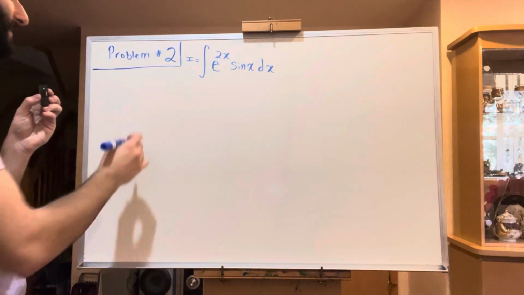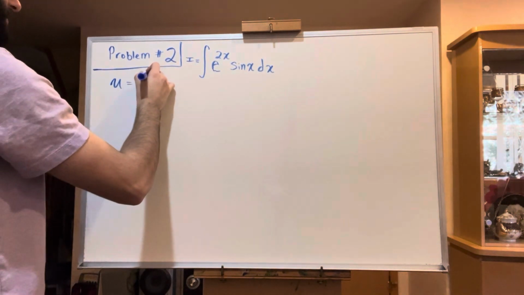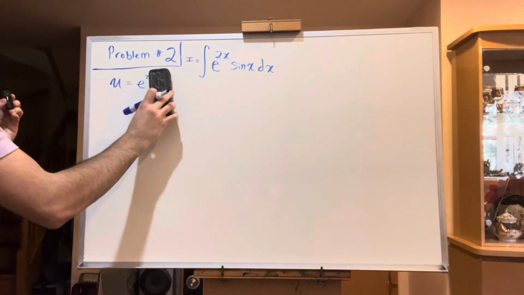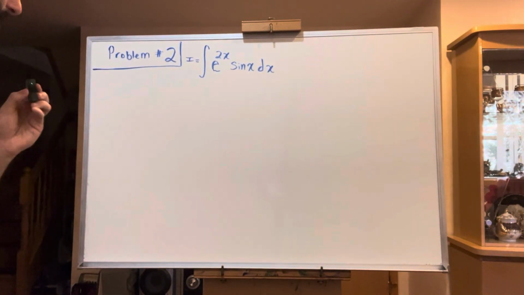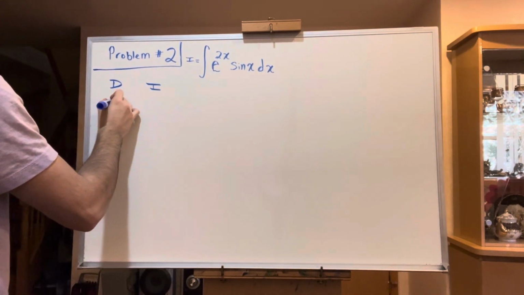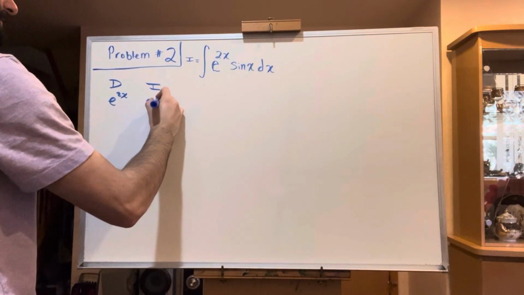Let's go ahead and set u equal to the exponential first. So we have e to the 2x and sine of x.